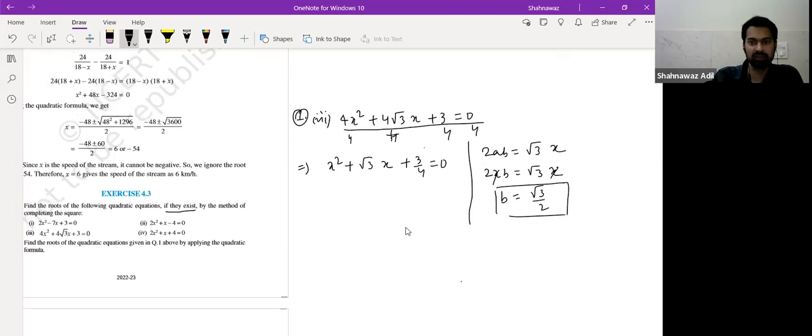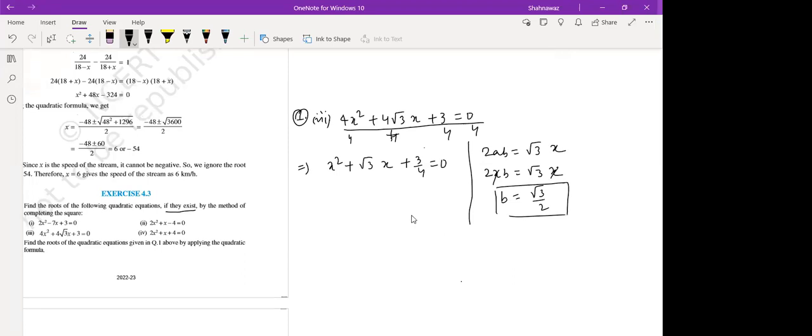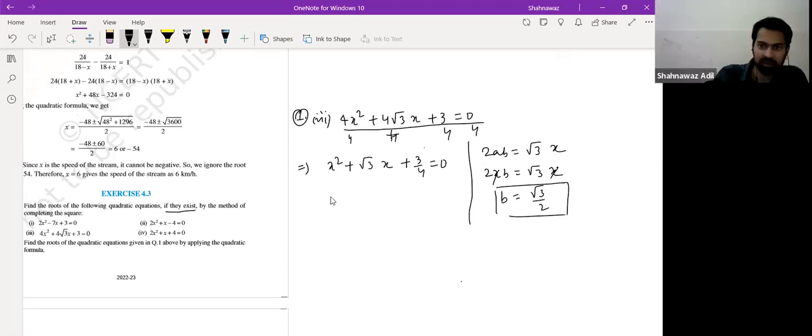So x square plus root 3x plus root 3 by 2 square minus root 3 by 2 square, and then plus 3 by 4.